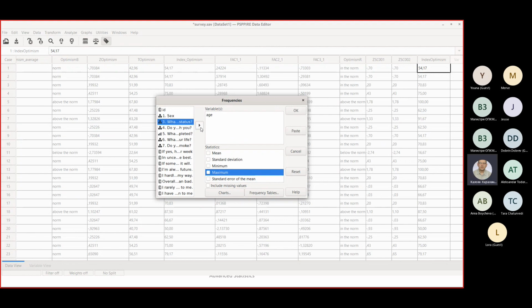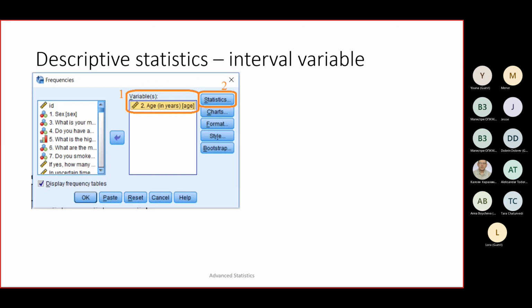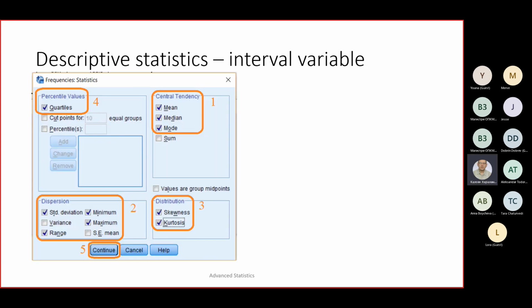But now this is not enough, because when we analyze an interval variable, interval scales, we can calculate different descriptive statistics in SPSS.